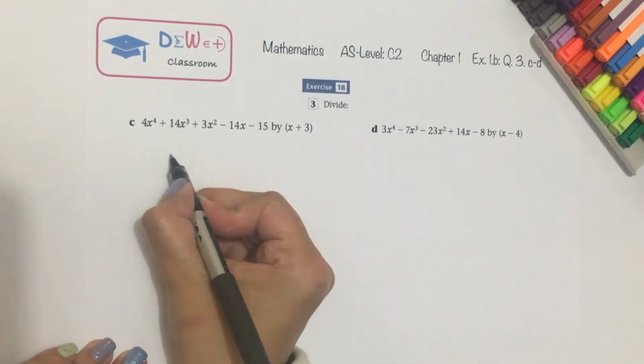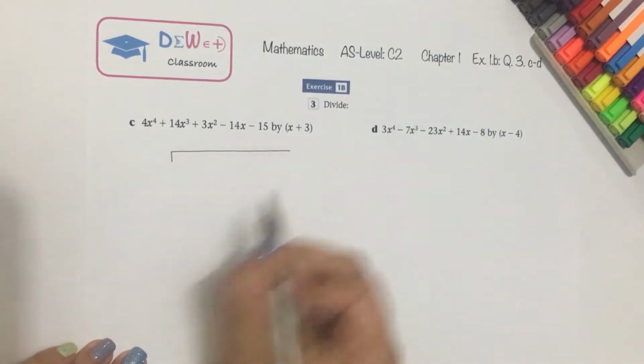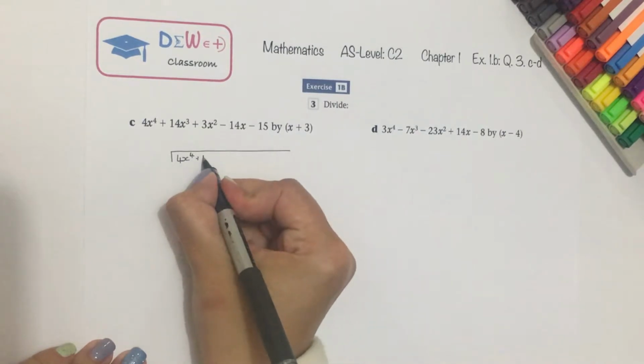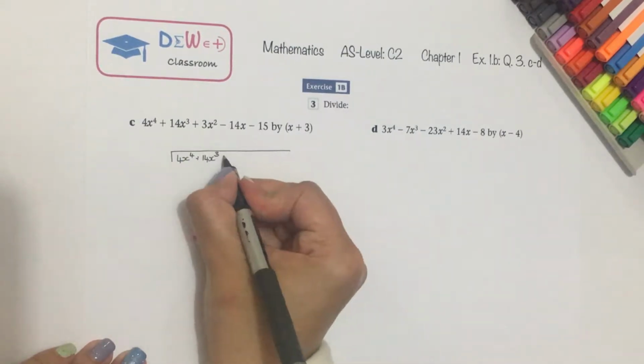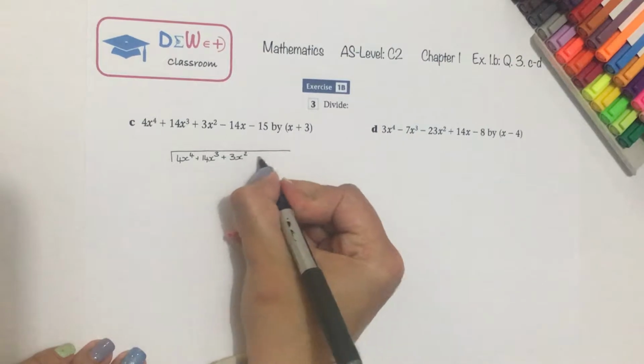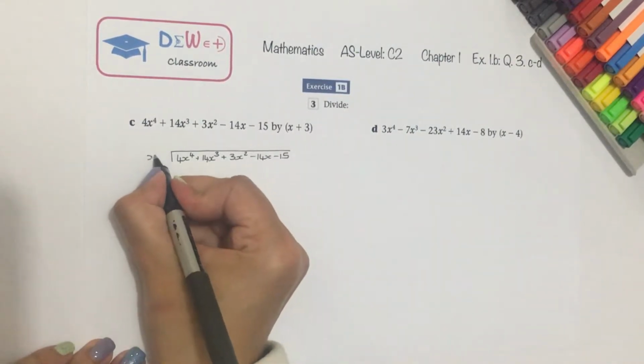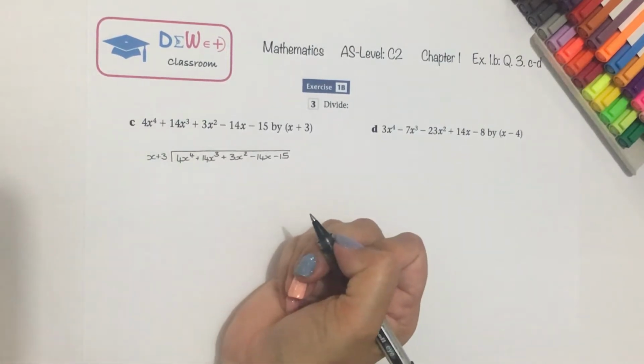So this is already right for us to just start dividing. So we're going to rewrite it in the correct format so that we can actually just apply our long division rules for it. Minus 14x minus 15 divided by x plus 3.